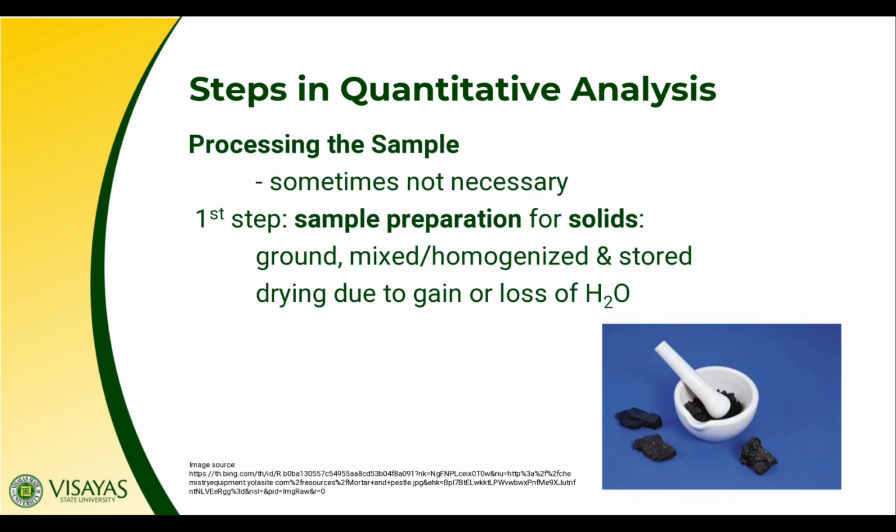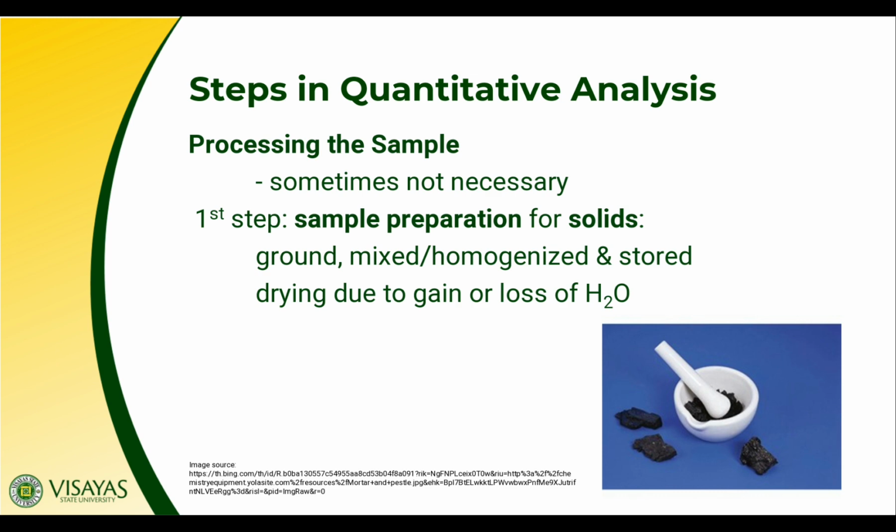After acquiring the sample, if it is necessary, you need to proceed with the processing of the sample. The first step for sample preparation for solids would be grinding, mixing, and homogenizing the sample. And if the analysis would be conducted later on, then you need to store your sample.